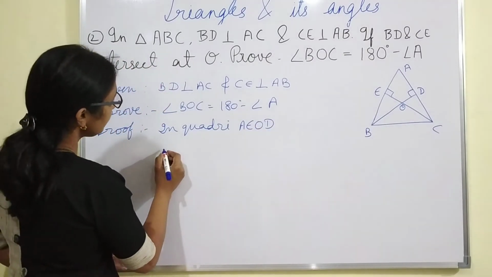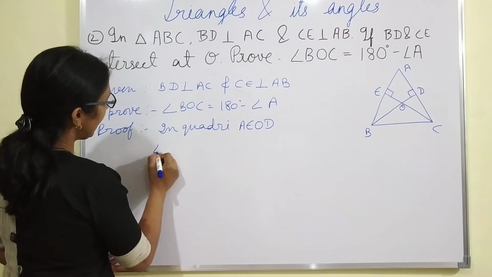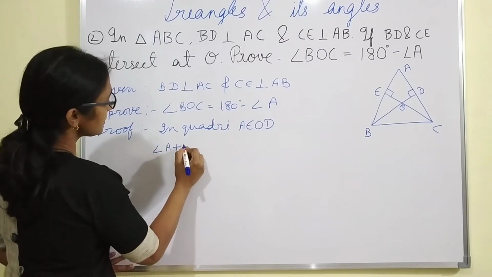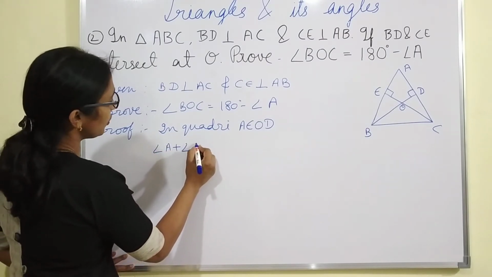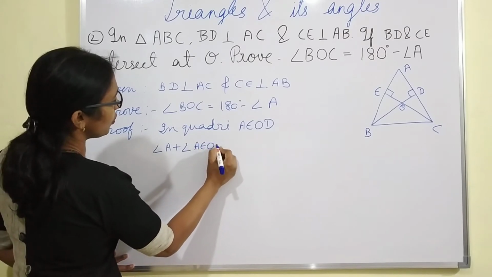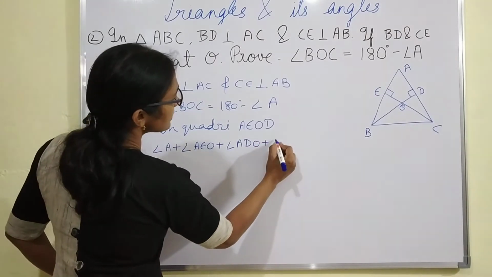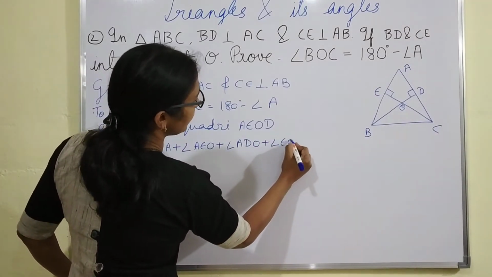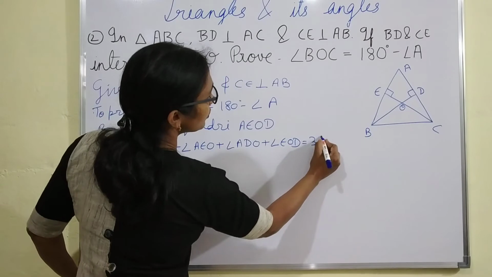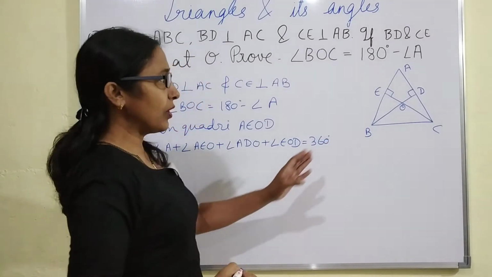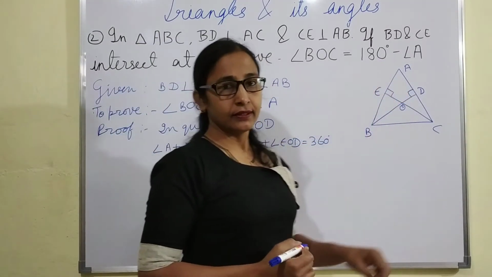Okay, so angle A plus angle AEO plus angle ADO plus angle EOD equals 360 degree. In a quadrilateral, the sum of all angles is 360 degree.